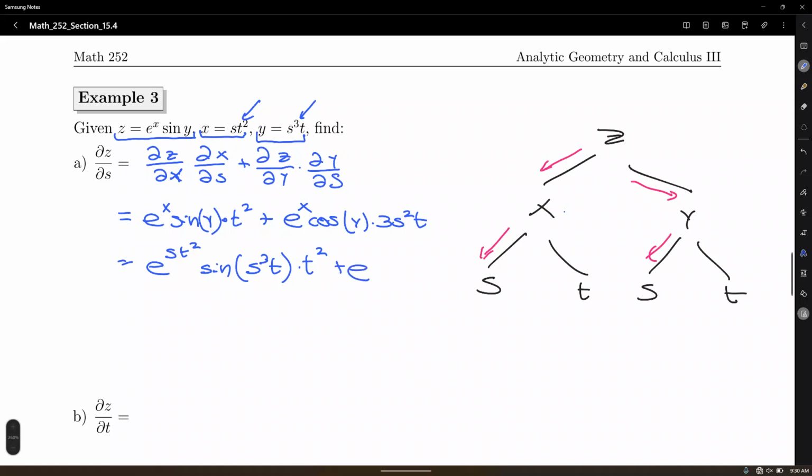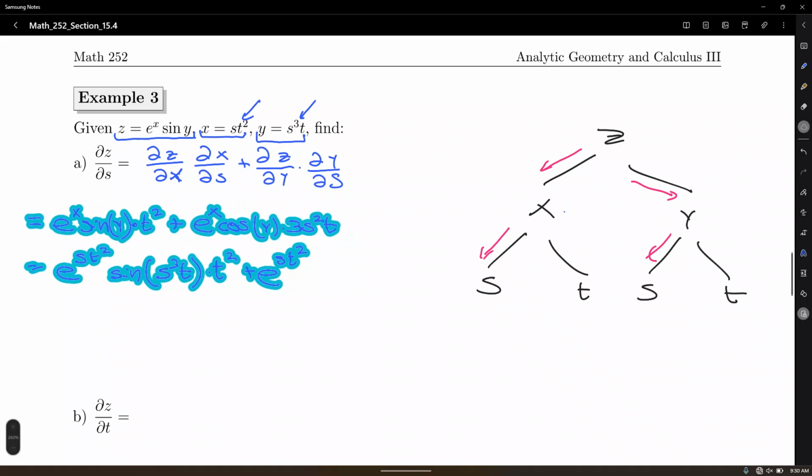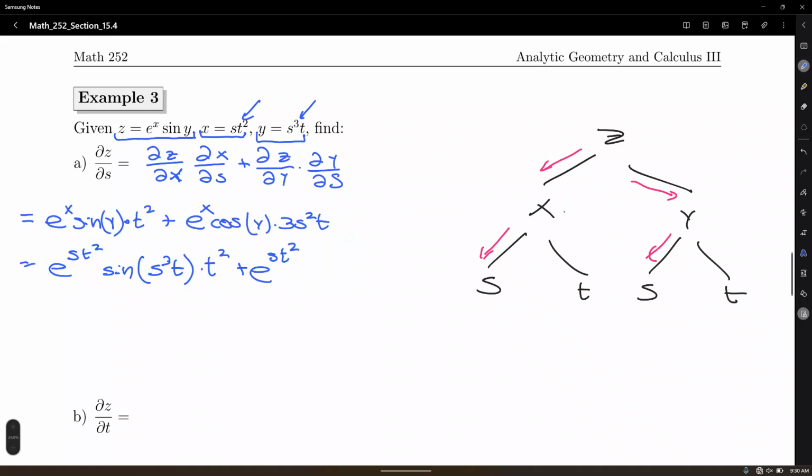What is that? E to the x, which is again s t squared. I'm going to run out of space here. So this will be times sine of y, which is s cubed t, times 3s squared t.